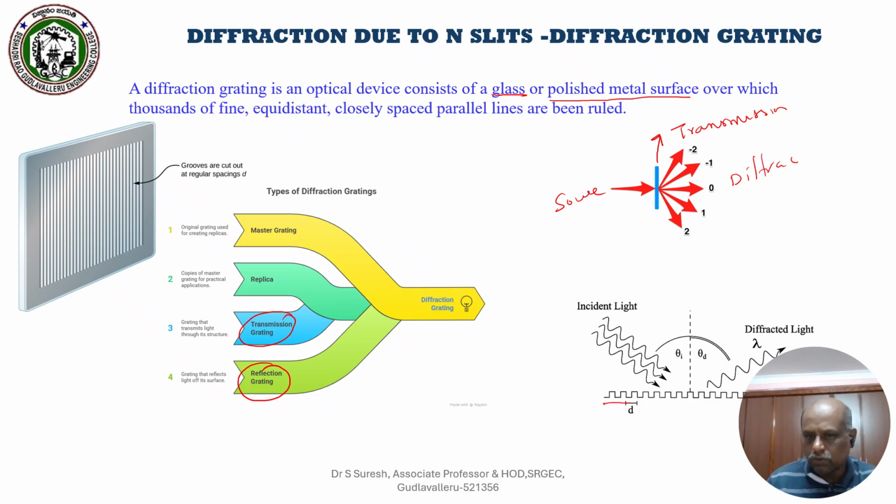It is not going to allow the light to the other side. So the incident light and the reflected light are both on the same side. That type of thing we will call a reflection grating. So, based on preparation, master grating and replica grating, and how they are working, we can classify them as transmission grating and reflection grating.